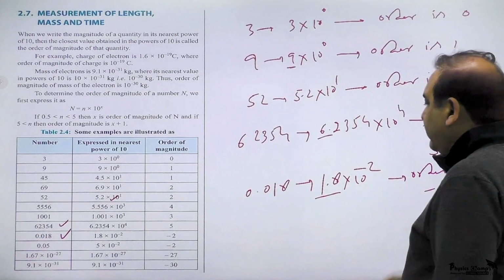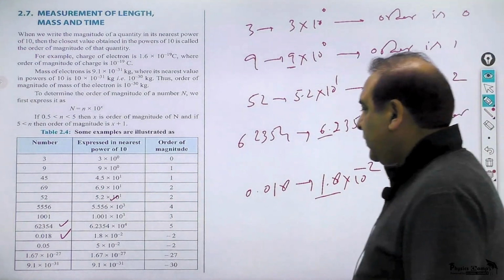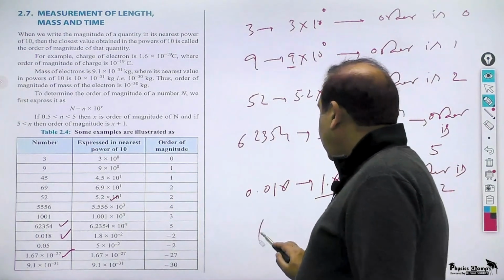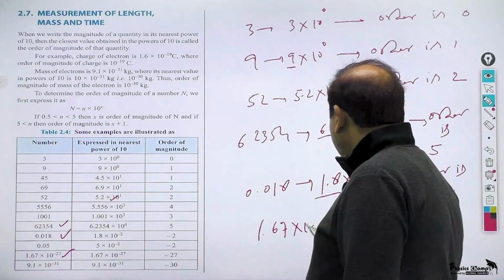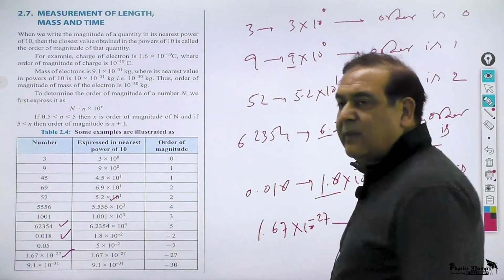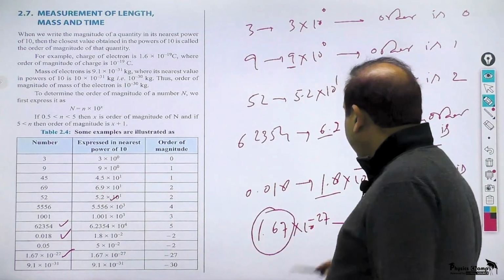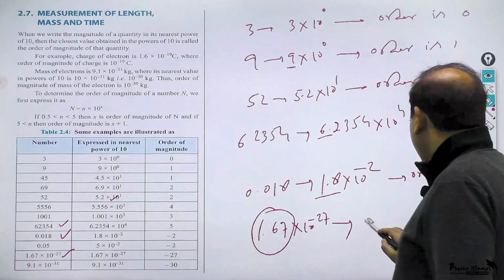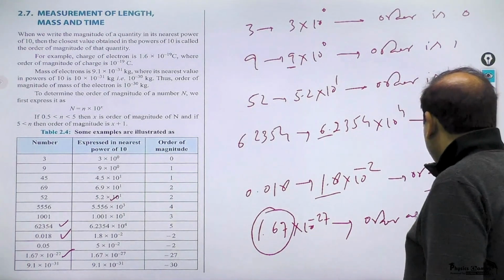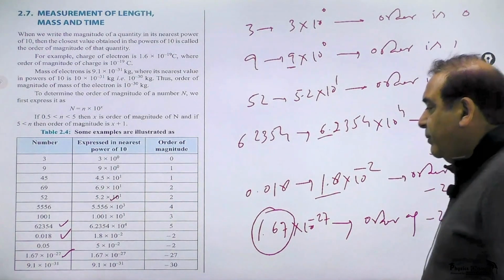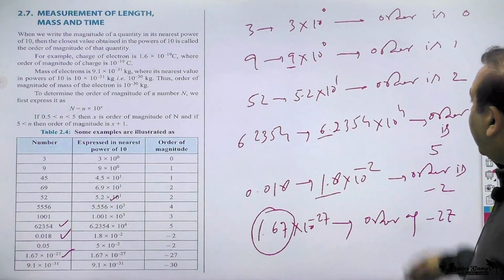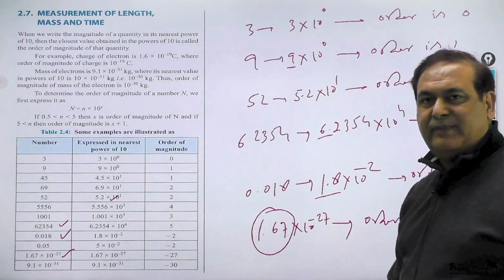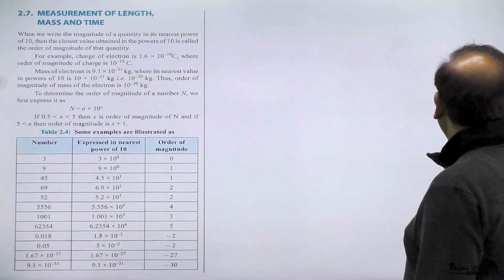In another measurement, 1.67 into 10 to the power minus 27. 1.67 has a value less than 5, so order of magnitude would remain just 10 to the power minus 27 or minus 27. So all these give you a clear idea how the value of n makes a decision whether you should add or you should not add.